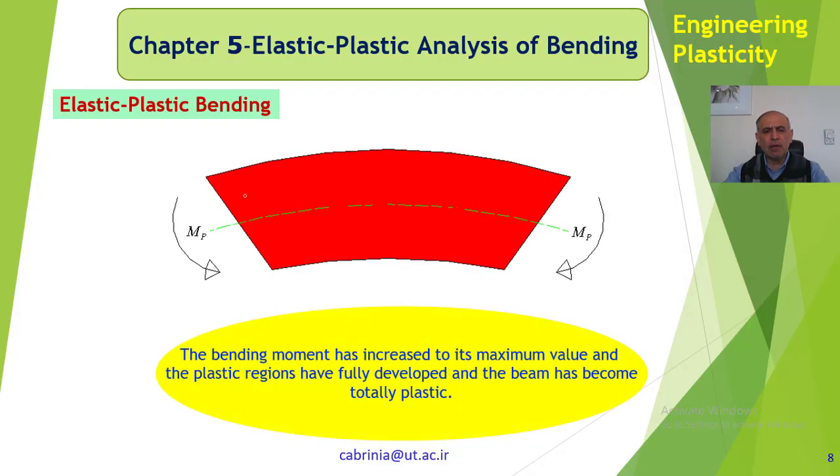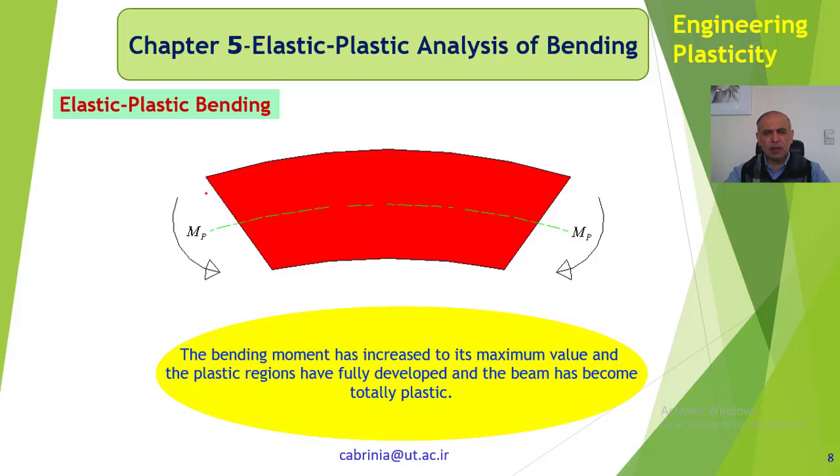Now in here we have increased the moment to MP, such that the beam has completely yielded, and it's completely plastic all over. Of course, this is a perfect situation. In a real physical situation, not all the material becomes plastic, but some elastic parts are in between the plastic parts.